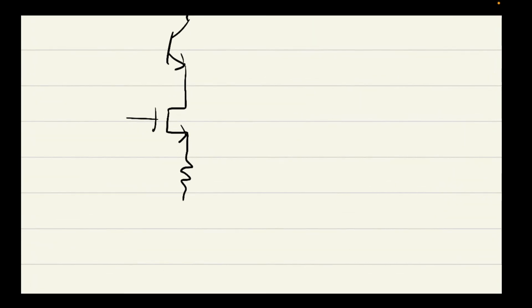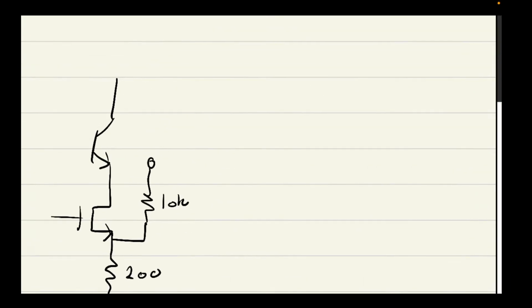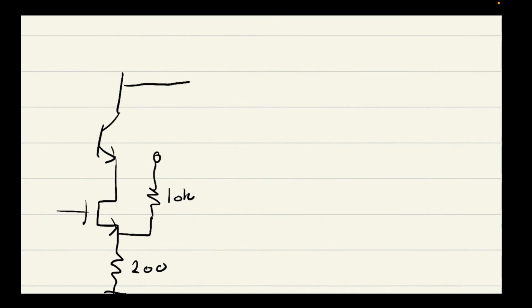Okay, so 200, 10K. Here's our floating node. And then I'm just going to draw the rest of the circuit in over here. Oh no, where did I? Oh, okay, you guys didn't see that, but I accidentally exited the document. 10K, yeah.